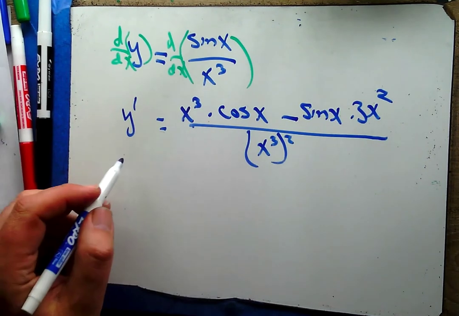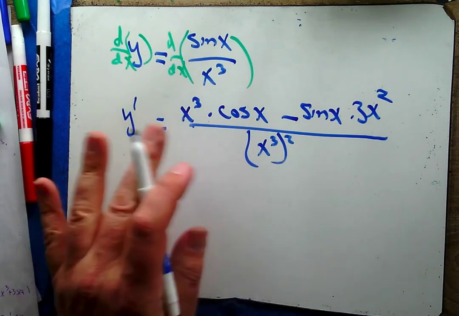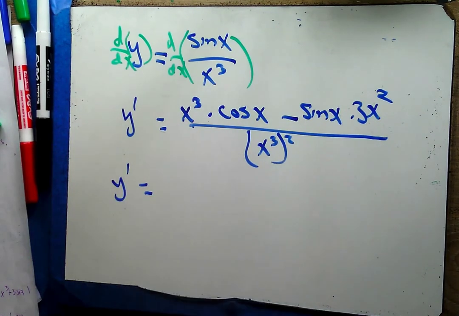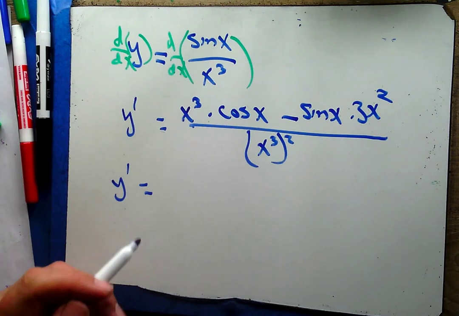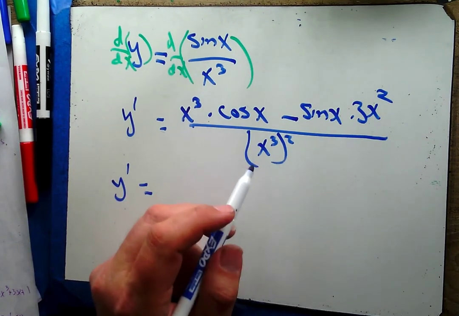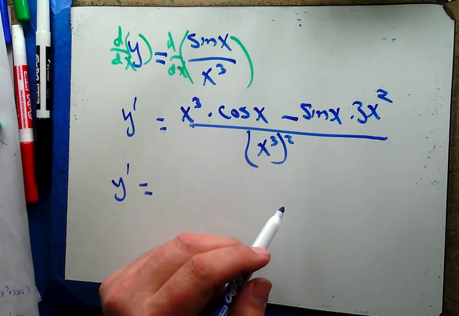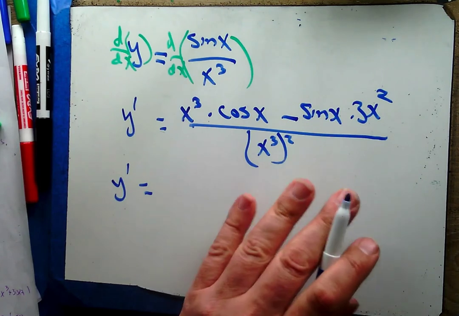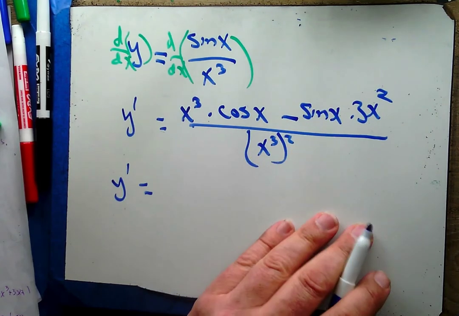Don't forget low squared. You could tidy this up, and certainly this is starting to look like those big GCF factoring problems, and this is why. Those big GCF factoring problems come from us using the product rule or the quotient rule.